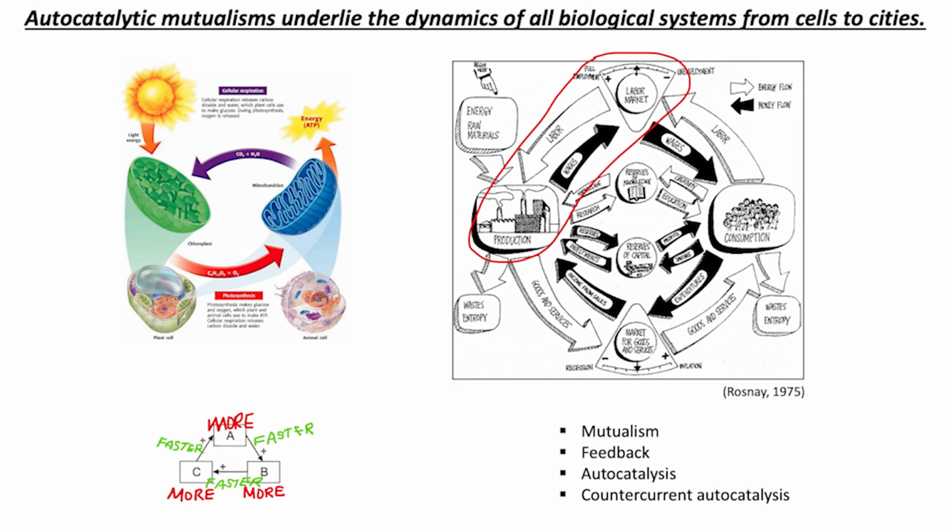What you see on the right is a figure from Rosnay, 1975, who mapped out ecosystems, and what you see are these mutualisms like the one I've circled in red. So you have a mutualistic relationship between the workforce and the employer.